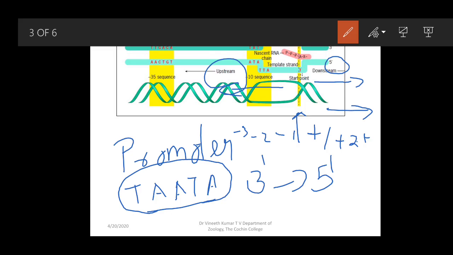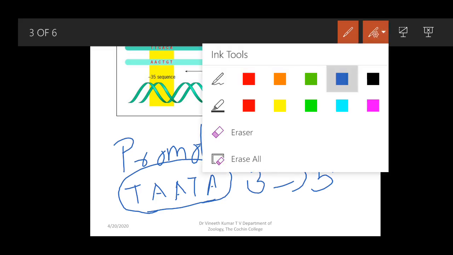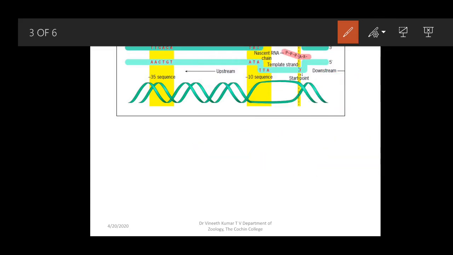And in prokaryotic promoters, there are two consensus sequences. The two consensus sequences are the -10 sequence and the -35 sequence. So these are the two consensus sequences of the promoter region that is seen in prokaryotes. -10 refers to its position from the start site, that is, it is 10 nucleotides upstream, and the other one is 35 nucleotides upstream.